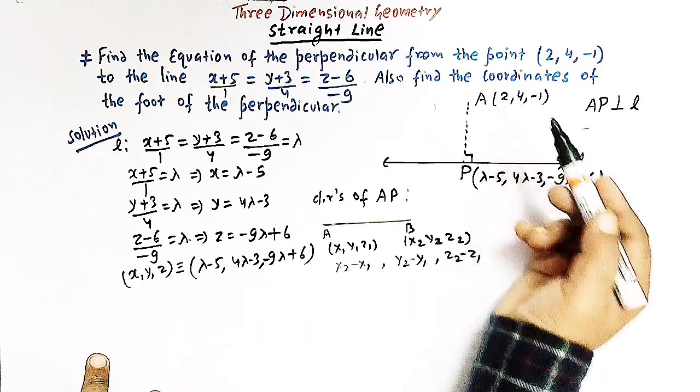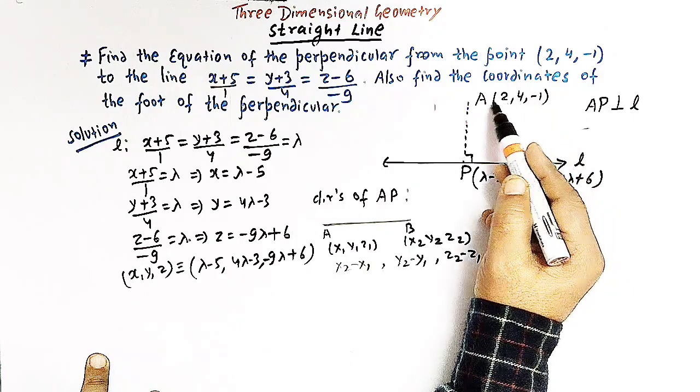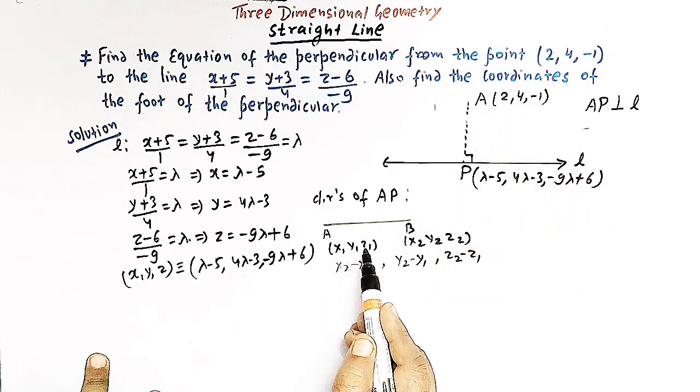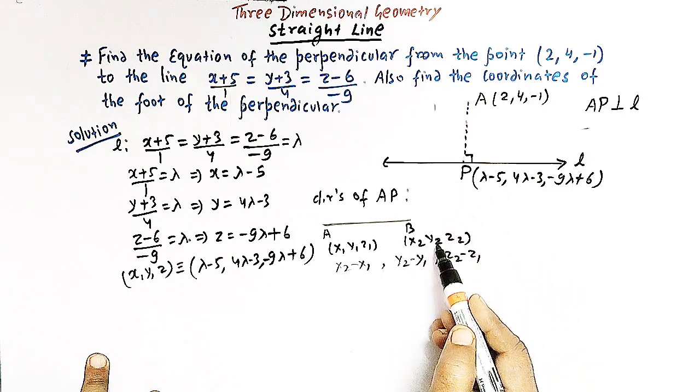So here this point A can be taken as x1, y1, z1, and this point P can be taken as x2, y2, z2.